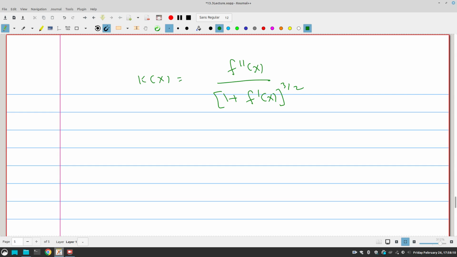Okay, so so far we've looked at curvature and the length of vectors. Now the next section is going to be on normal and binormal vectors. What we're going to do is have a system of 3 orthogonal vectors that accompany the curve at every point on the curve.